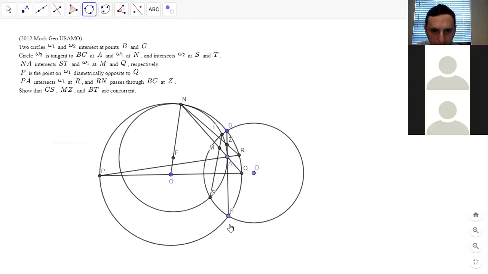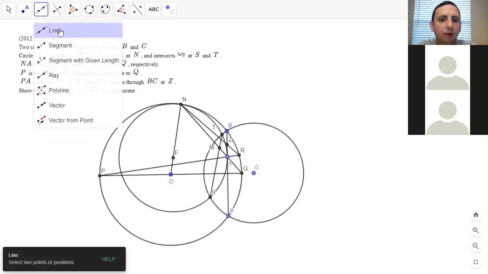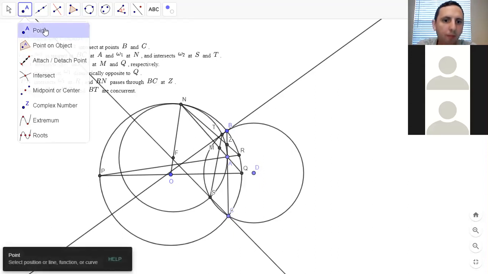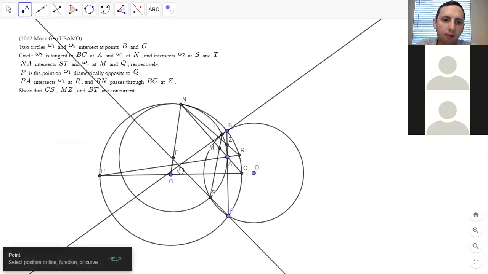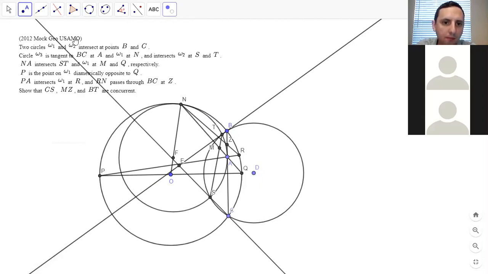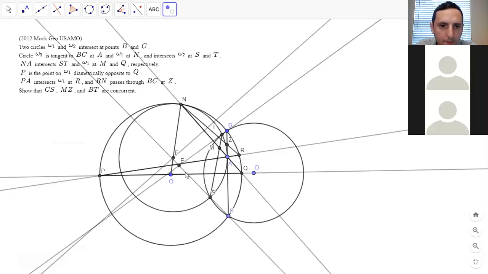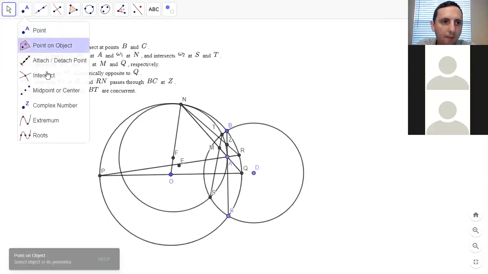So, looks a little bit like Pappus, maybe even Pascal's theorem. What if I let BT intersect CS at a point? And then I want to show that that's collinear with M and Z. Kind of like that.